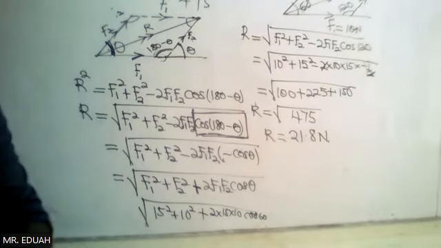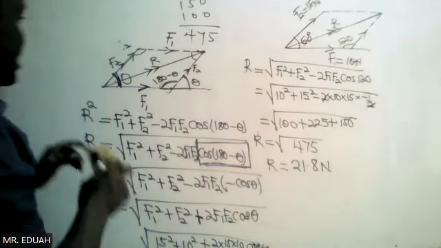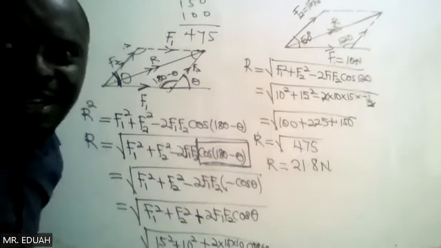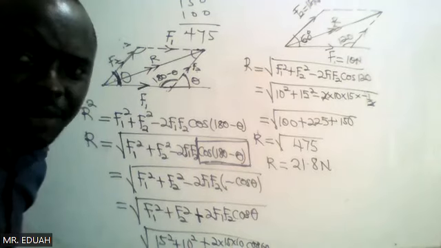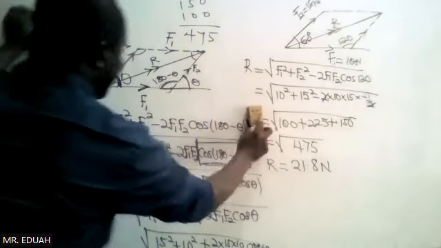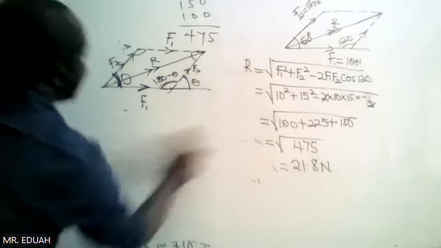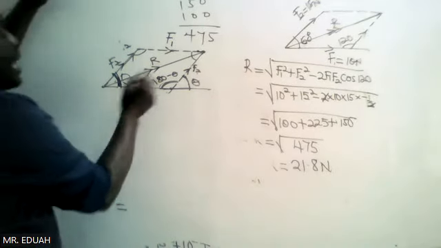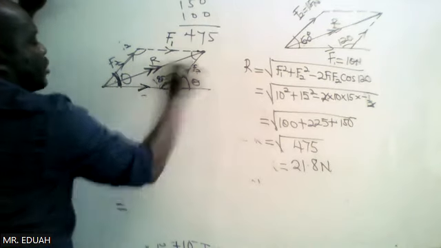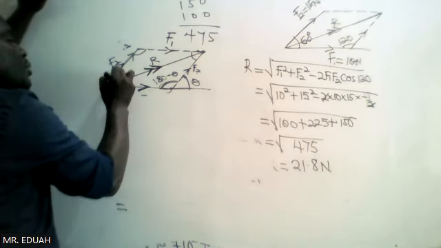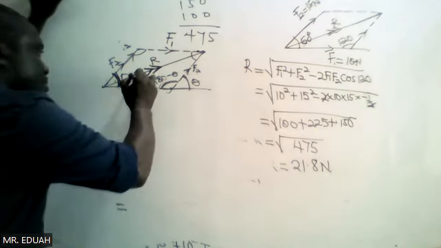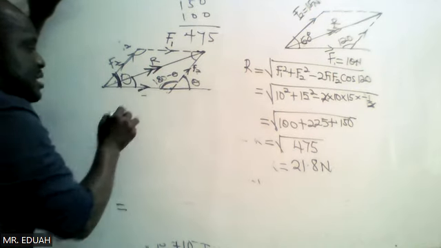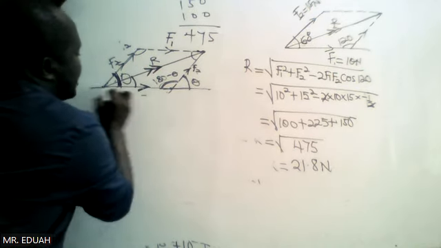All right. The direction of the resultant. When you look at the direction, this is where the resultant is heading towards. So here we are looking at the angle the resultant makes with the horizontal, or with the x-axis or the nearest force.